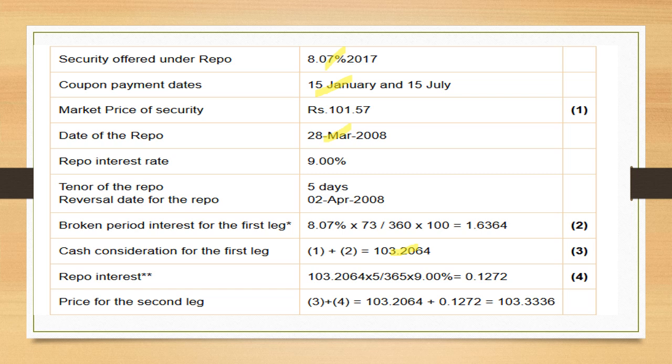So the price of the second leg happens to be 103.33. The first leg price was, which we already know, which was 103.2064. So this is how the price is set, which is what we spoke earlier when I introduced you to the concept of repo, right?